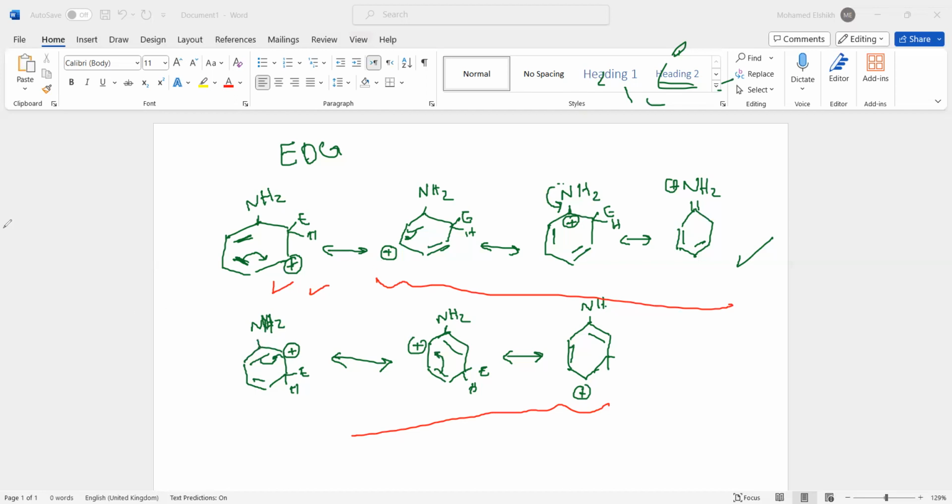Okay, now let's look at what will happen if we use an electron withdrawing group.